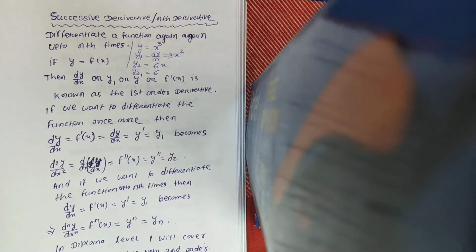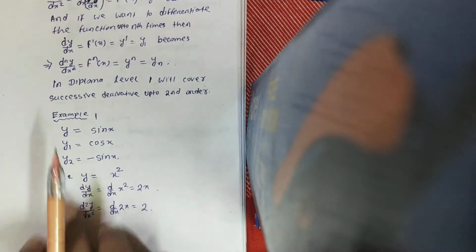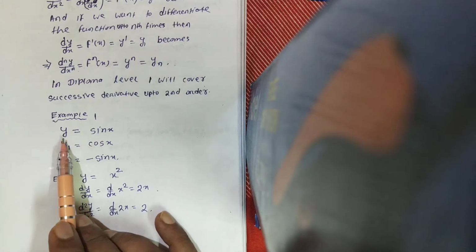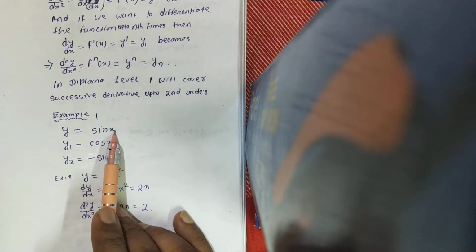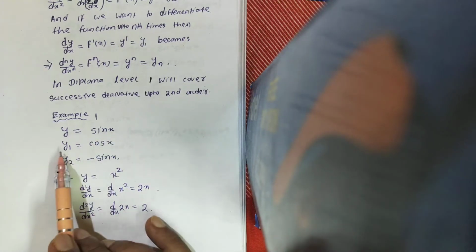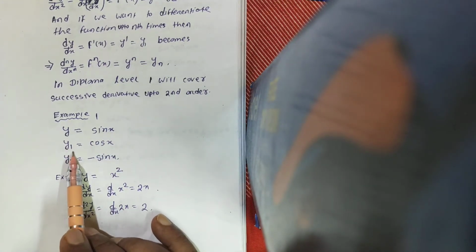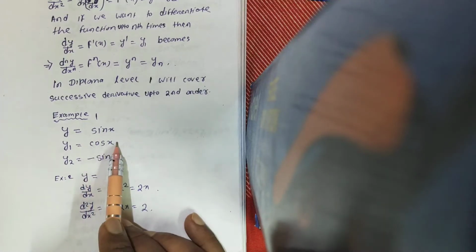Okay, so I am giving you one example here. Let y is equal to sin x, and if you want to find the first derivative, symbolically used as y1, then the derivative of sin x will be cos x.